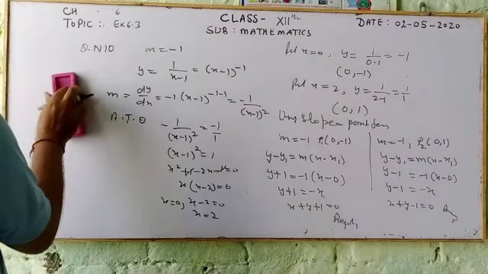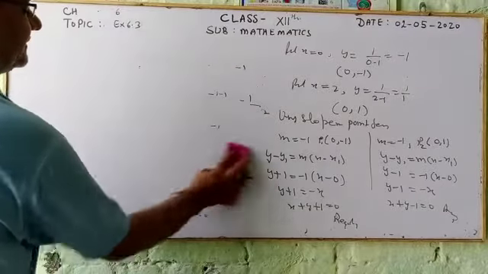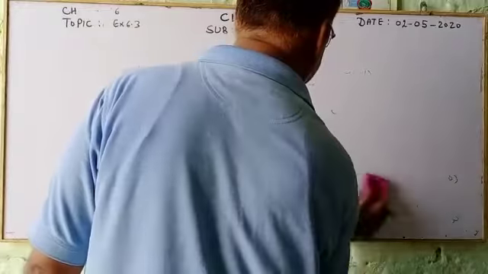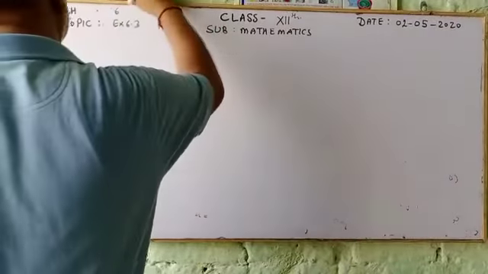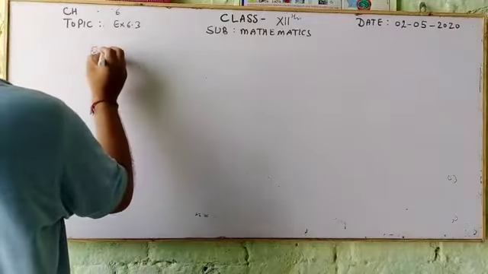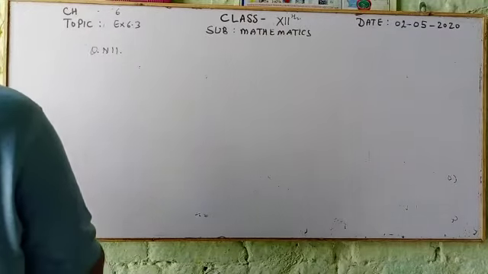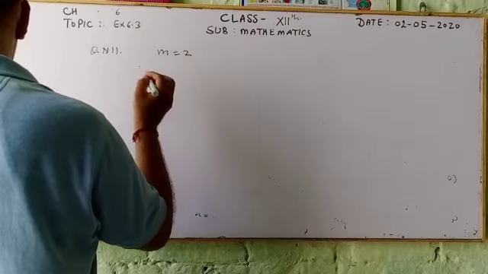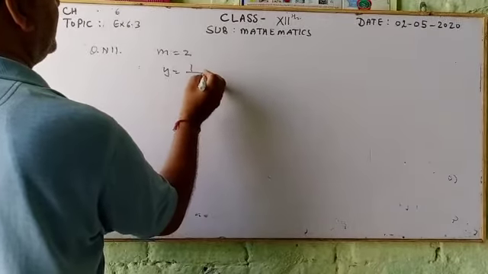We are taking another question, question number 11. Find the equation of all lines having slope equal to 2 and tangent to the curve y equal to x minus 3.